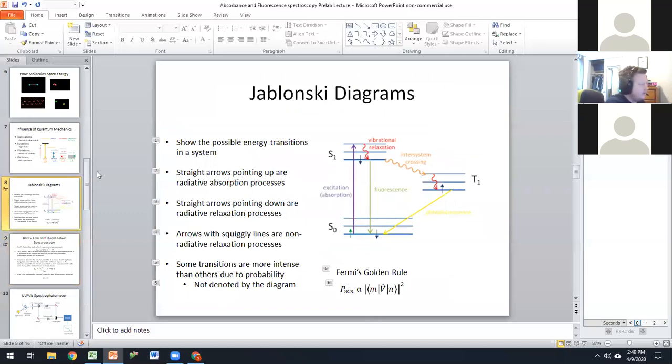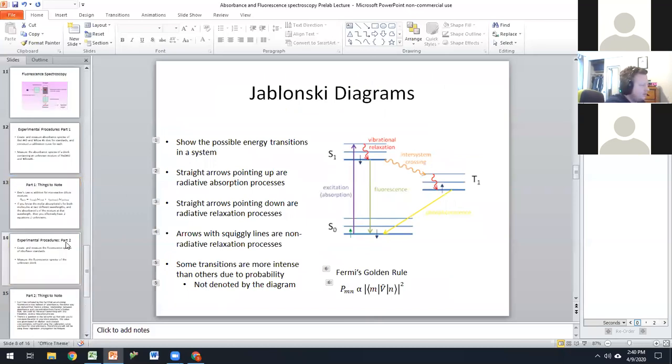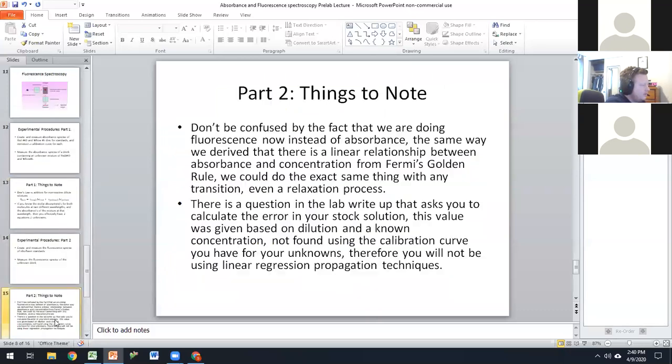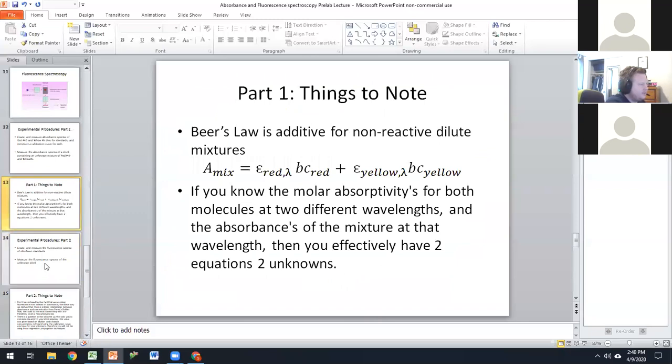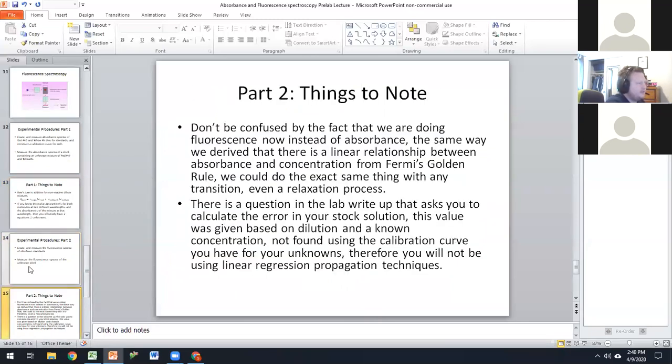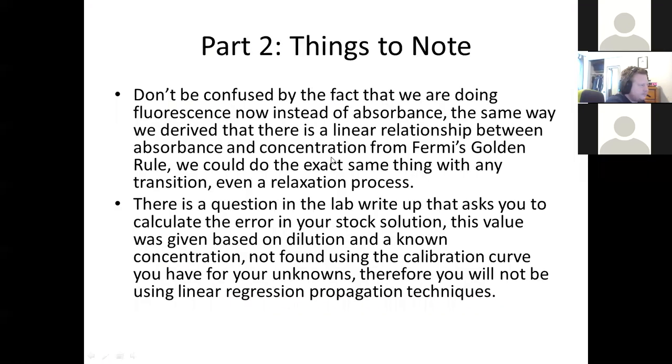So we can still have a linear relationship between the two. In the same way that you did it for part 1, you can do it for part 2. And it should be much easier because now you don't have a mixture. You don't have any other sources interfering.